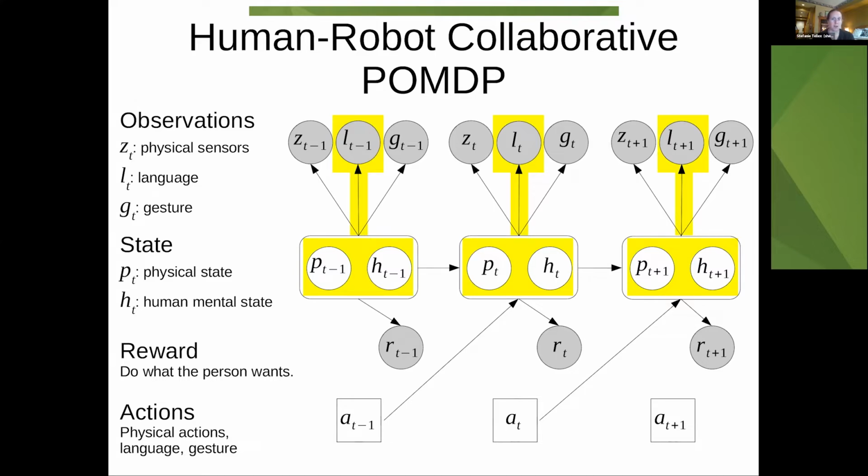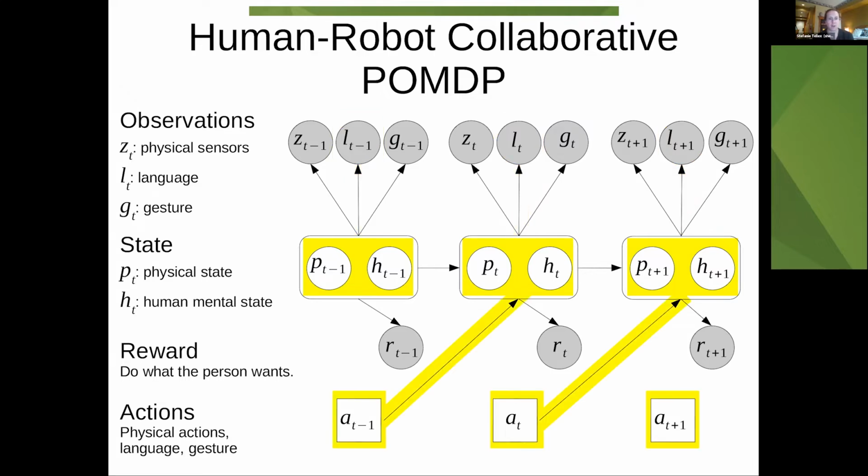If you're looking at the language, what the person's saying, and trying to estimate their mental state, this is the problem of language understanding. You can also imagine taking actions that change the physical state of the world, for example, driving forward or picking something up, but also social actions that are aimed to change the human's mental state.